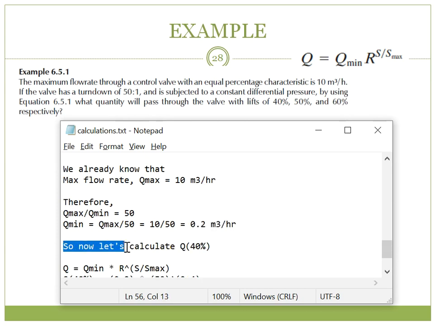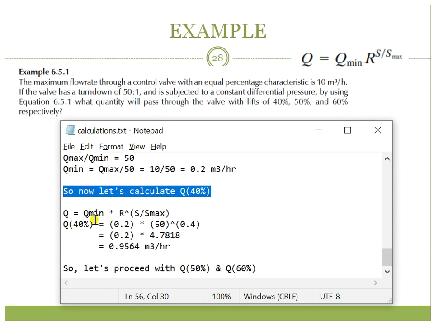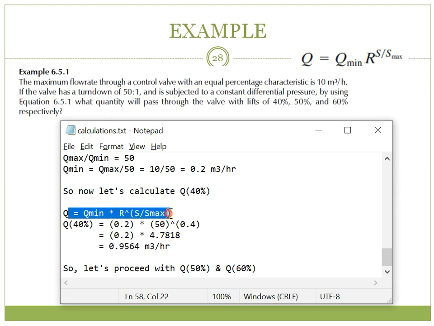So now let's look at how to calculate Q at 40%. By using this equation, Q min is 0.2 multiplied by 50, the rangeability, to the power of 0.4, which is the S over S max. If you continue with the calculation, you will get this answer, which is 0.9564.